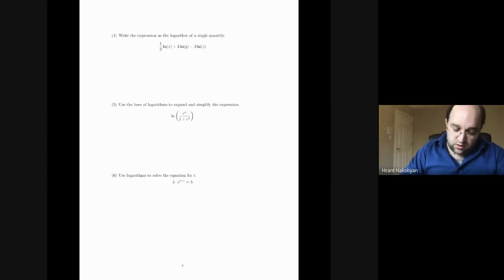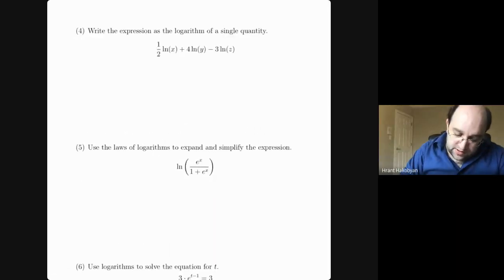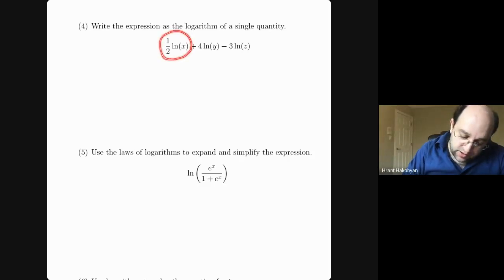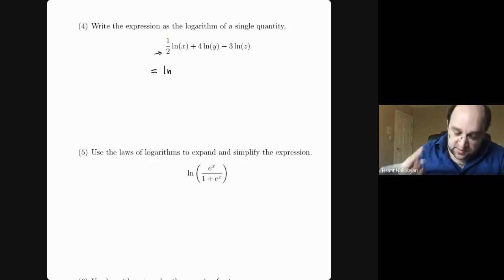Okay, so write this expression as the logarithm of a single quantity. Here I'm going to simplify this a little bit using these laws. So I'm going to first write this one here. If you remember, I can write this as natural logarithm. Now I have a 1/2 here, so I can write that as a power of x.